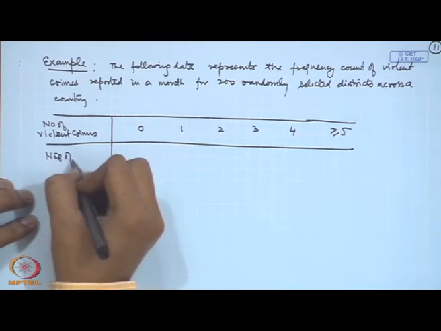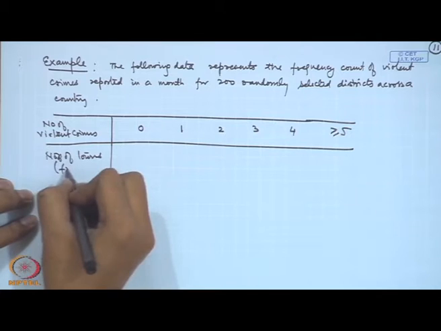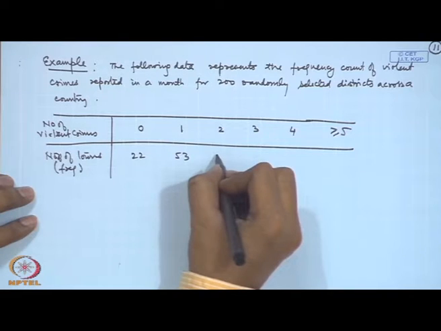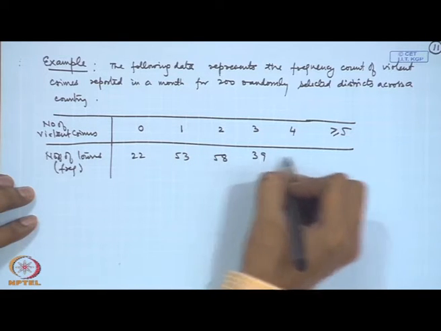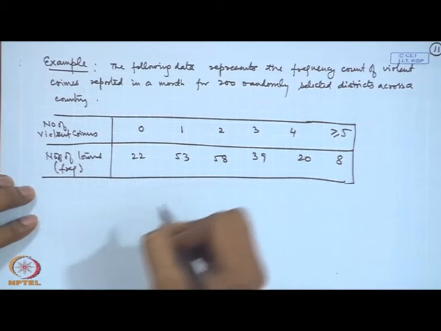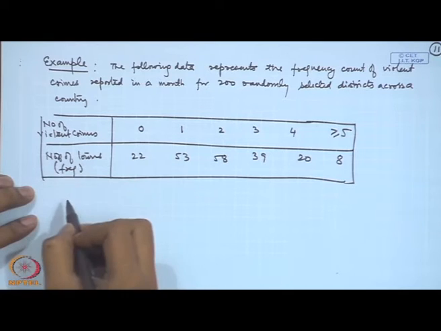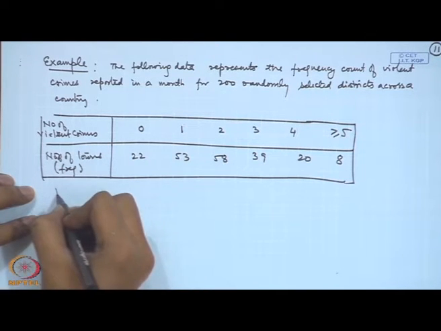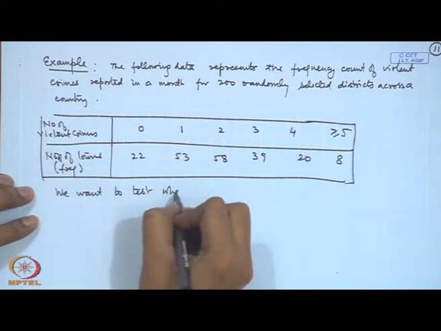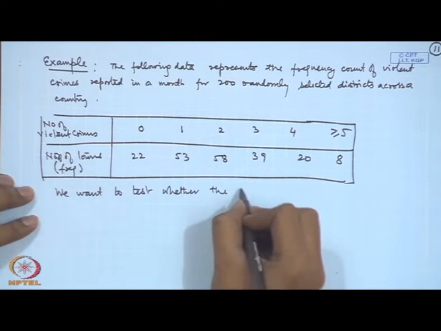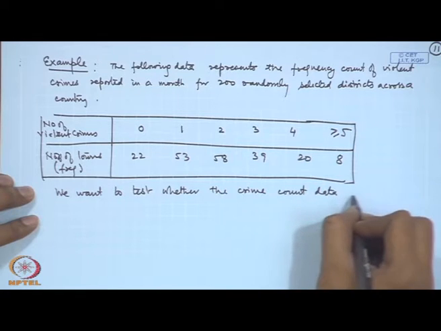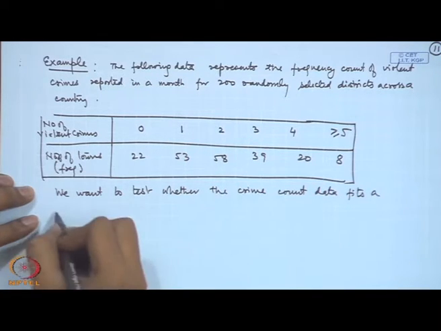The number of towns, that is the frequency, is 22, 53, 58, 39, 20 and 8. So, we want to test whether the crime count data fits a Poisson distribution.